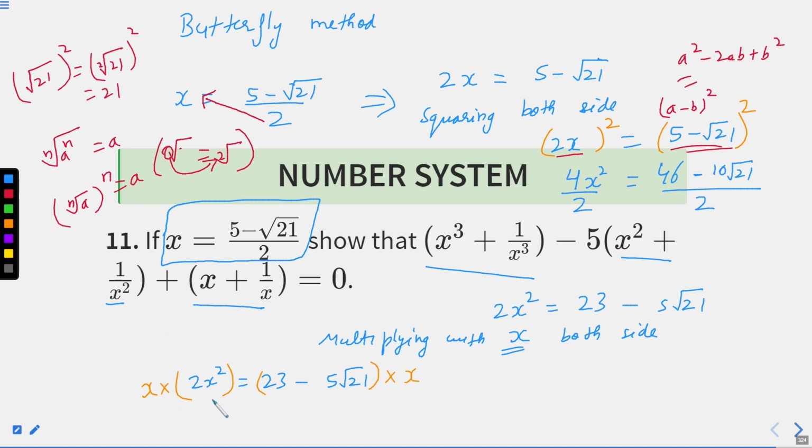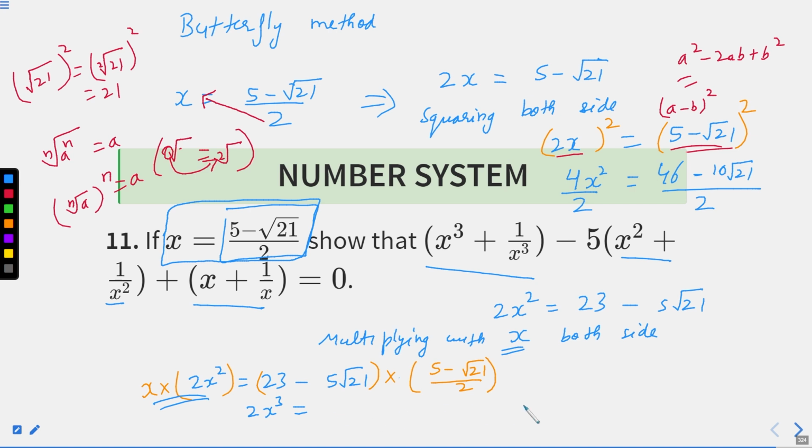So on the left-hand side it becomes 2x cube, and on the right-hand side x gets multiplied, and we know the value of x, so multiplying by x or by its value is the same thing. So 5 minus root 21 by 2. I hope this is clear. Now just simplify the whole thing.